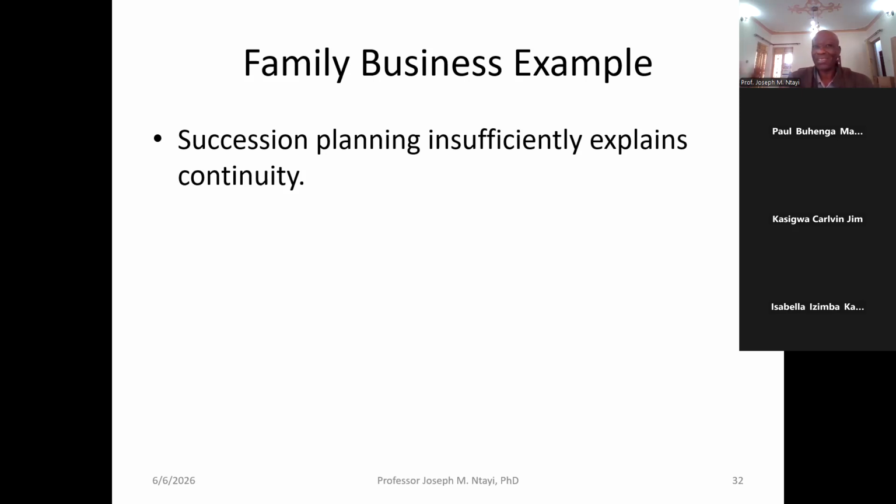So that means you frame something like this: although succession planning is widely presented as central to family business continuity, the persistent collapse of many post-founder indigenous family-owned businesses suggests that succession planning alone may not sufficiently explain sustainable competitive advantage or the performance of these businesses.